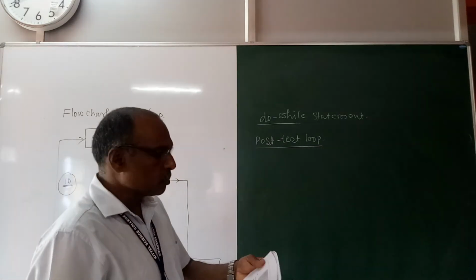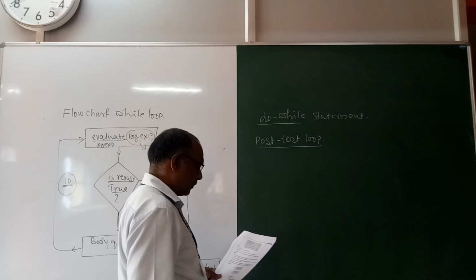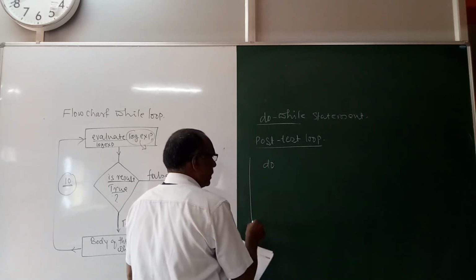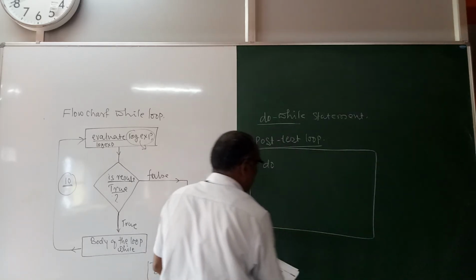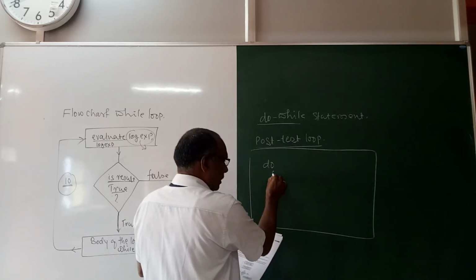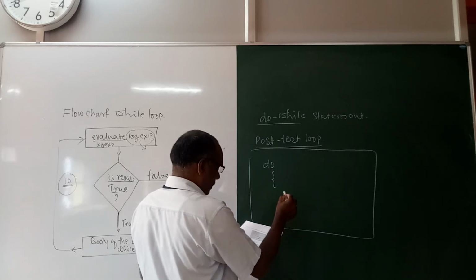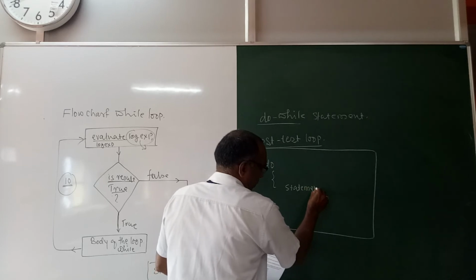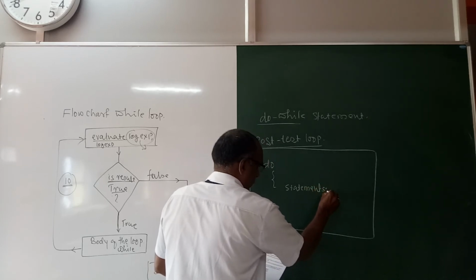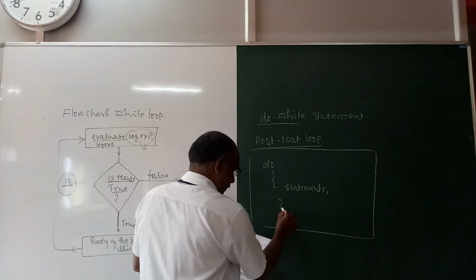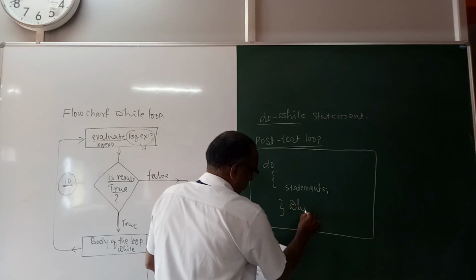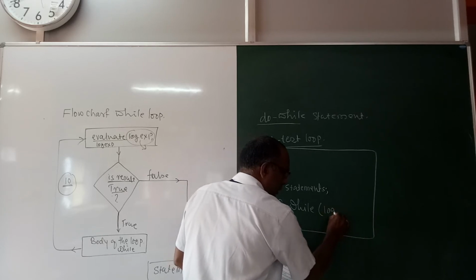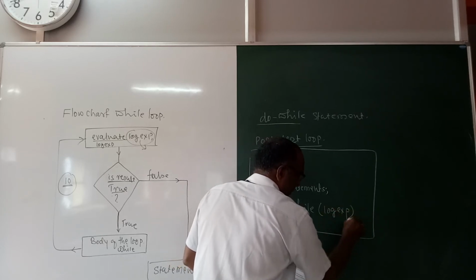The syntax of this post test loop called do while: I am writing it here in a box. You can say do, curly brace, statements, while, and in the control, a logical expression.